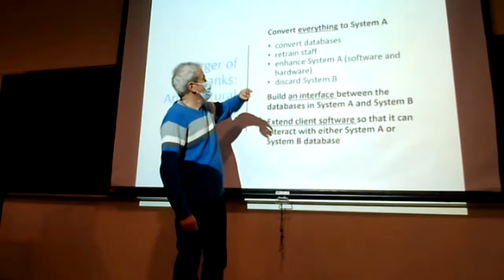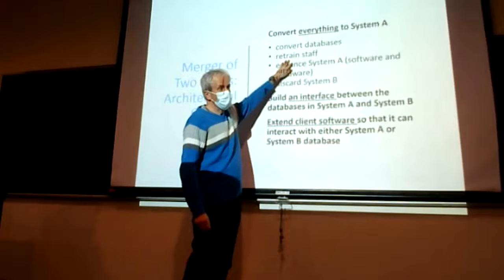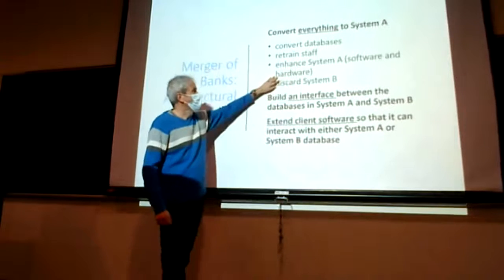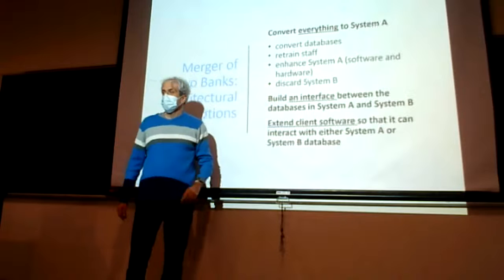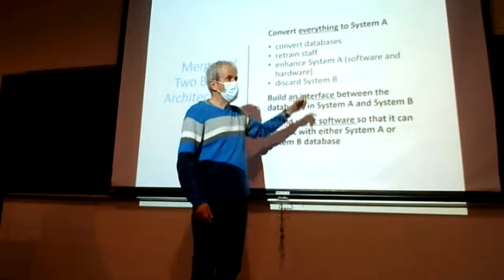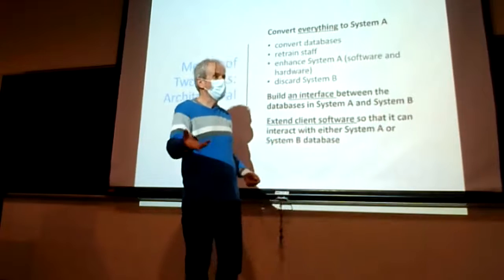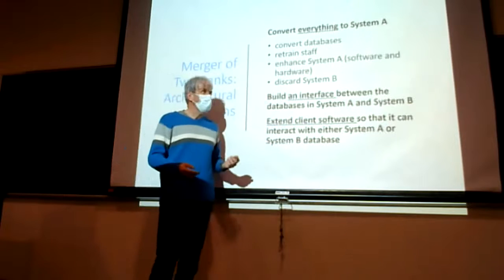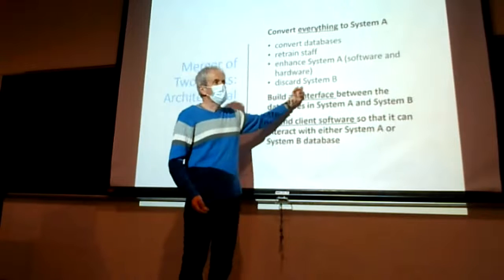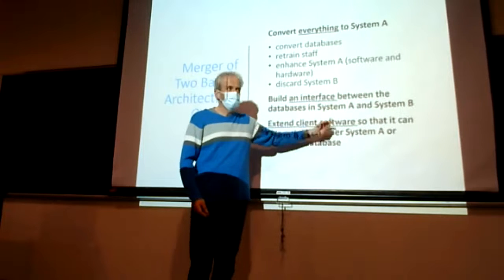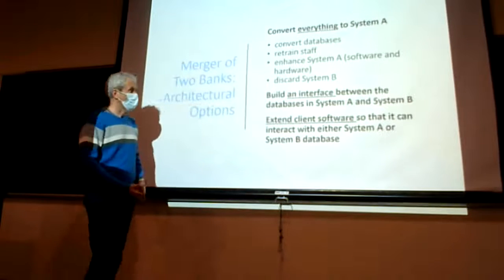Convert databases, retrain the staff, who you need from the system B. Probably you have to enhance your hardware of A a little bit, because you now have more customers, right? You have now the brokerage function which you're supporting, which you didn't have before. And at one point you can discard hopefully B completely. That would be one approach.